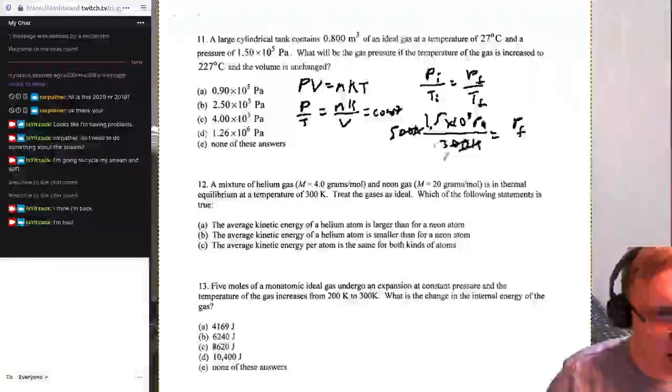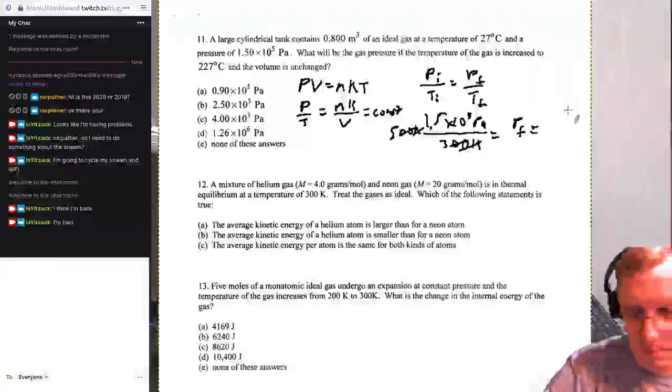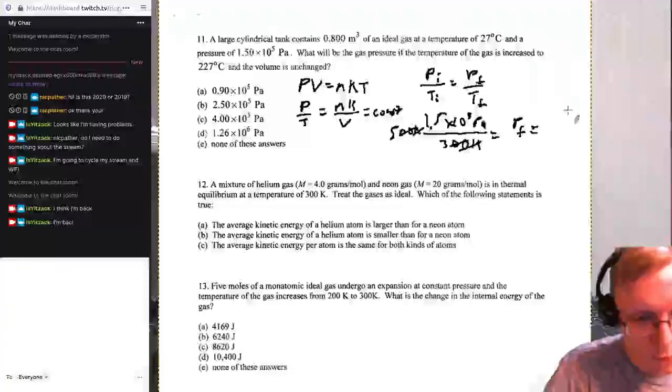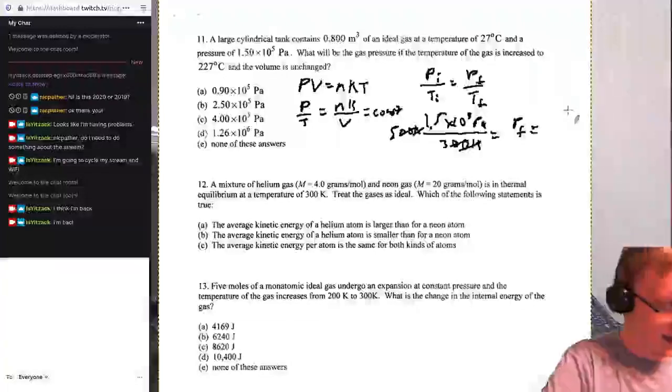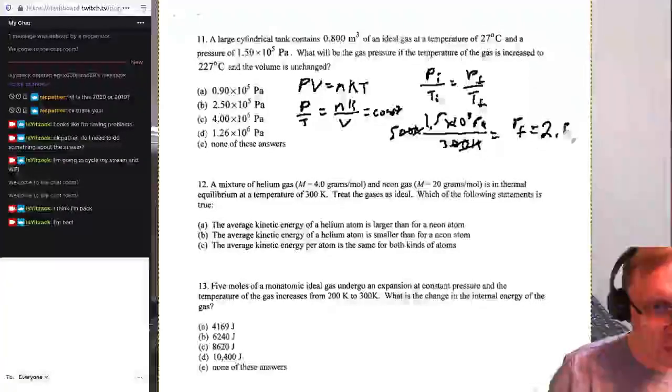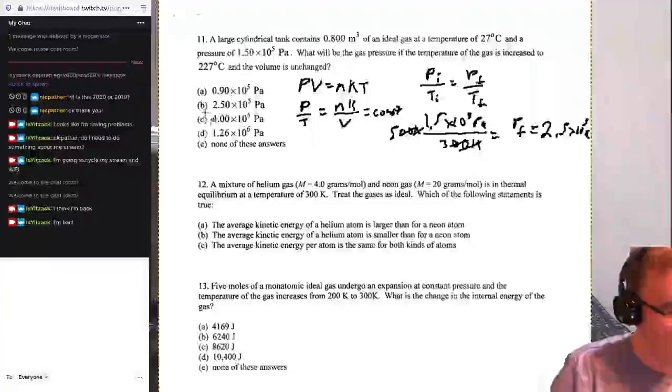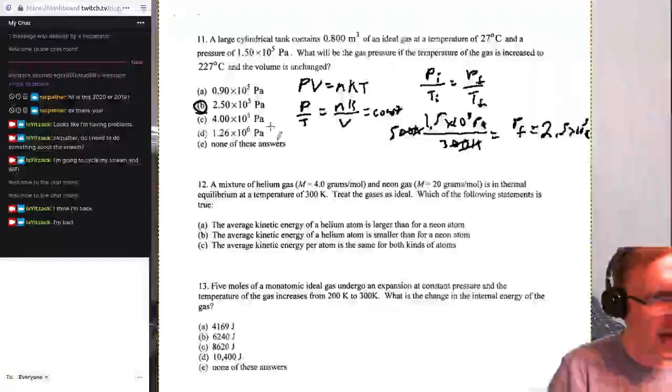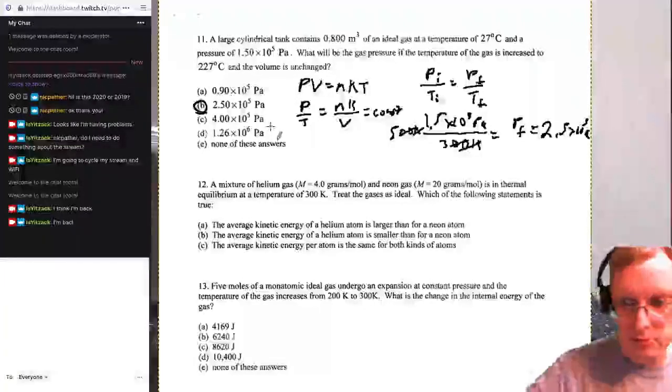And so we end up with 5/3 of the initial pressure. 1.5 times 5/3 is 2.5. So 2.5 times 10 to the 5 pascals.